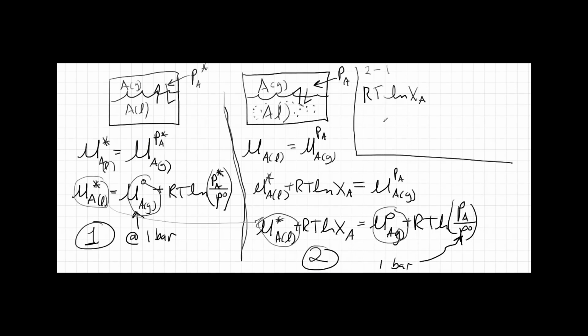We have RT log of PA star over P naught. We're subtracting equation 1 from equation 2, so we need to put a minus sign there. And we also have the term from down here, which is RT log of PA over P naught.